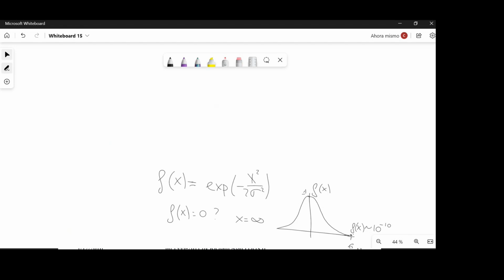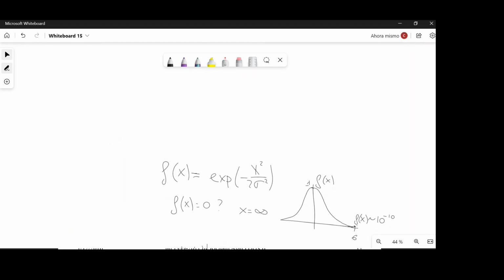Okay. So I'll write it G. So G of x, so that is my Gaussian. It is 1 over square root of 2 pi sigma squared, exponential of minus half of x minus mu over sigma squared.